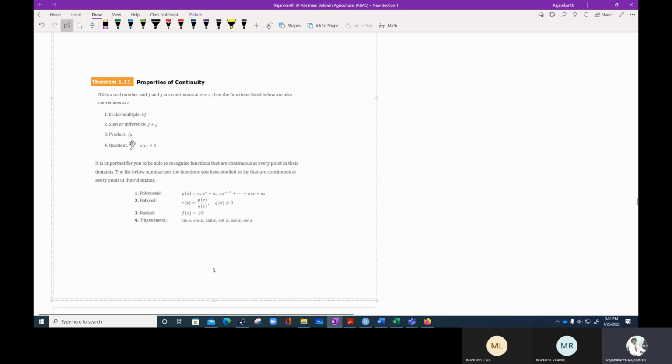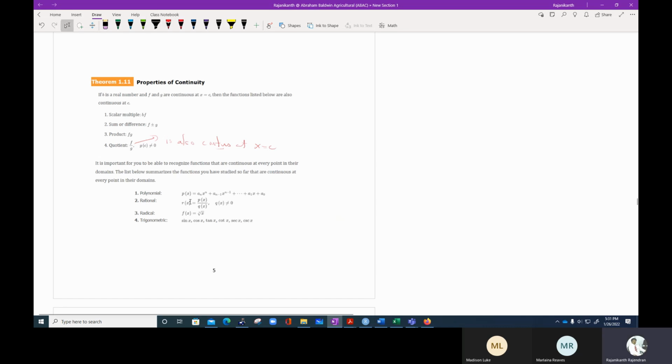And if you divide one continuous function by another continuous function, provided the denominator is not equal to 0, then f over g is also going to be continuous at that particular point C. These are all continuity properties.